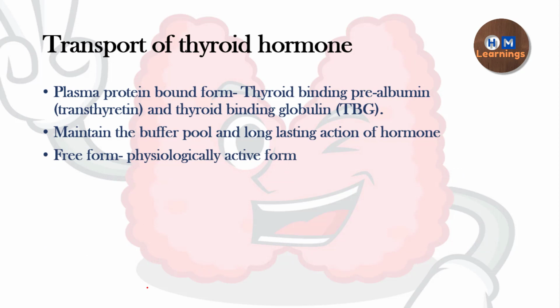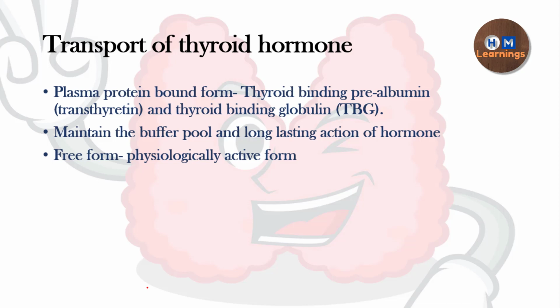Transport occurs basically in two forms. The major transport is by binding to the plasma proteins, thyroid binding pre-albumin called transthyretin, and thyroid binding globulin. So thyroid binding pre-albumin has the highest capacity to bind to the thyroid hormone, but the highest affinity to bind to the thyroid hormone is of the thyroid binding globulin.